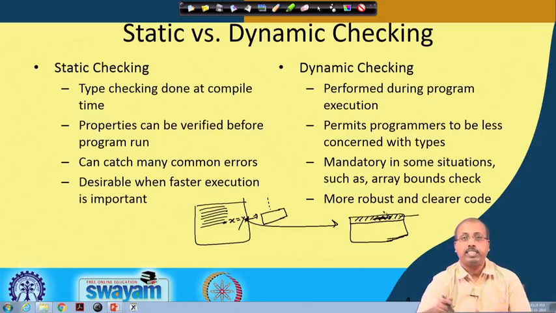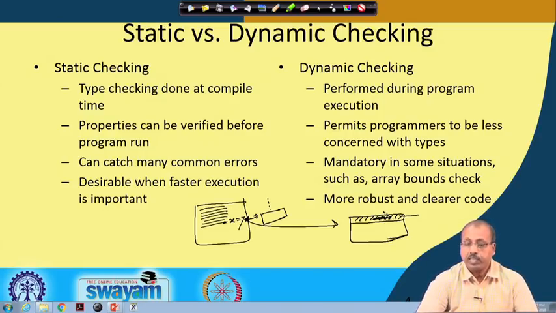So you see, dynamic checking necessitates additional code in the target code that is produced. Now, why should we go for this, if it is so complex? This is important because, if we bind statically, a particular function called from different contexts may have variables with different meanings.